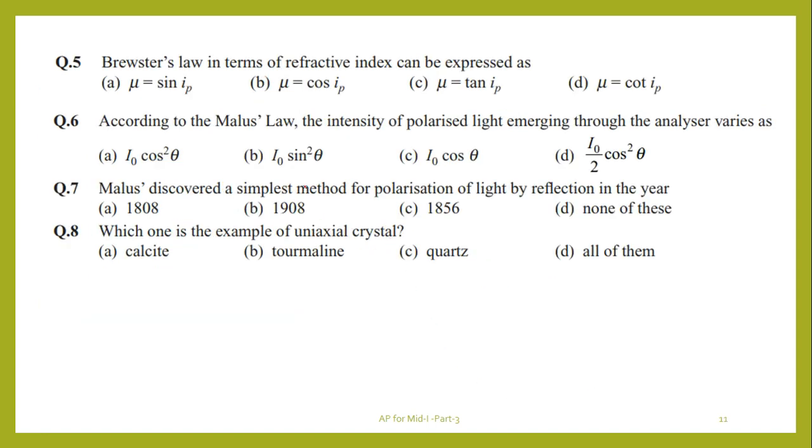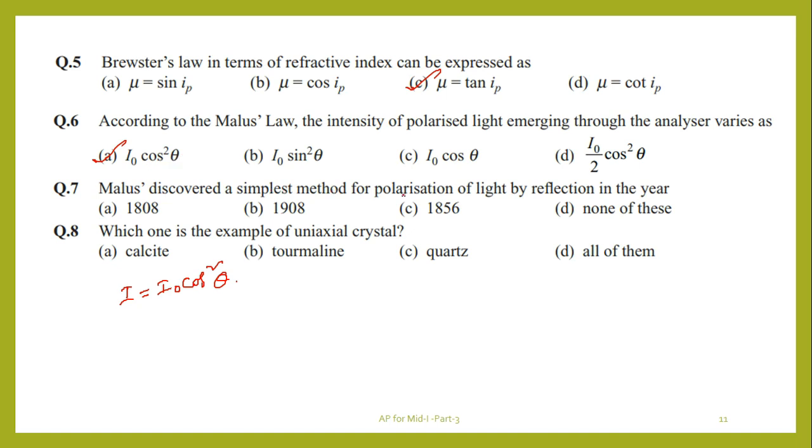Then Brewster's law in terms of refractive index: mu equal to tan IP. Then according to Malus law, the intensity of polarized light emerging through the analyzer varies as I is equal to I naught cos square theta.